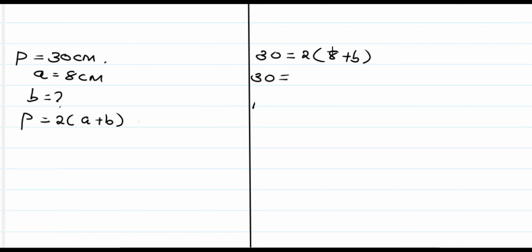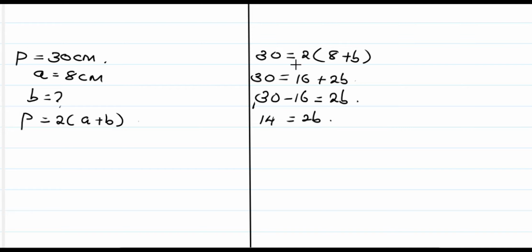So it becomes 2 multiplied by 8, which is 16, then plus 2 multiplied by B, which is 2B, like that. Then from there, we move this 16 to the other side, so it becomes 30 minus 16, because here it was positive. When it moves to the other side of the equal sign, it becomes negative, is equals to 2B. 2B remains on this side. So 30 minus 16 is 14, so it's equals to 2B.